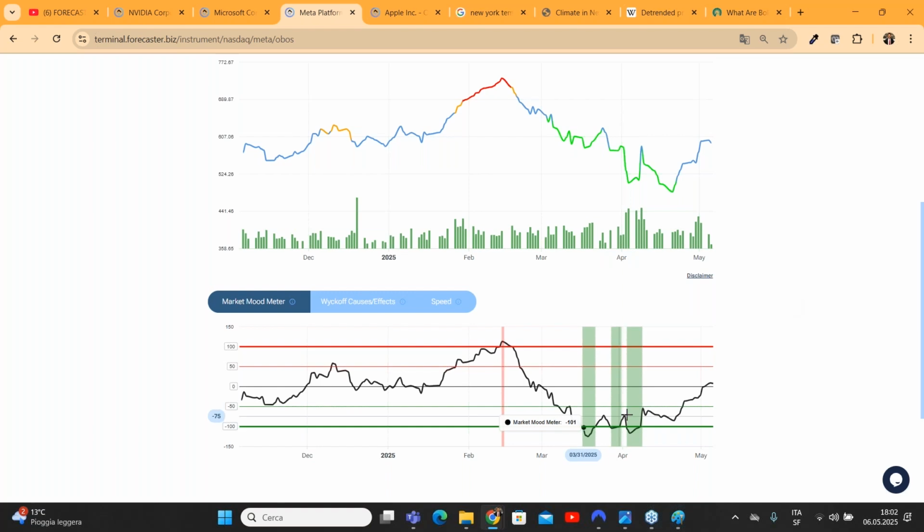And also in this case, as you can see, we can find a very strong divergence between the prices and the indicator. Look, this one is really nice and really important. You have the share prices that drop again and make a new low, but at the same time, the indicator is starting to reverse.